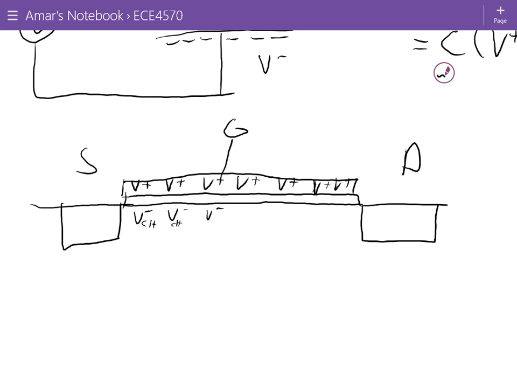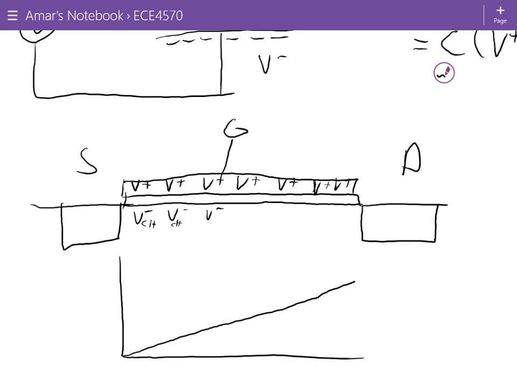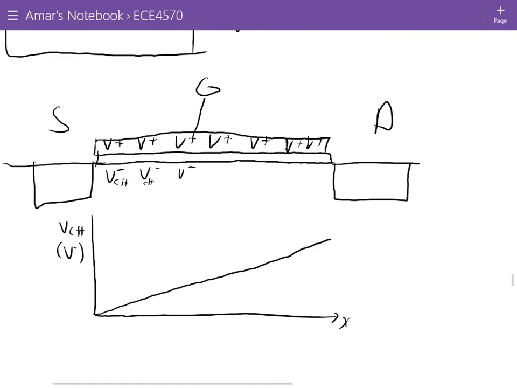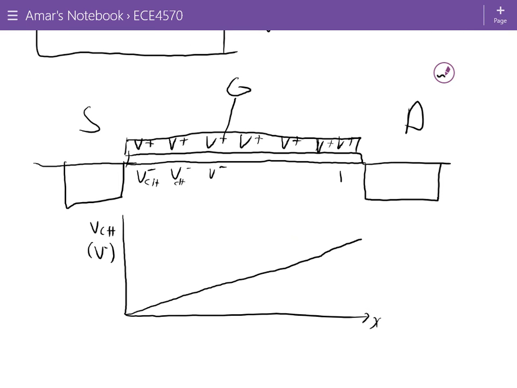As we saw in the graph, the channel voltage increases as we go from the source to the drain. So this is the channel voltage, or V minus. So what will happen is that V minus is larger on the right side than it is on the left side.